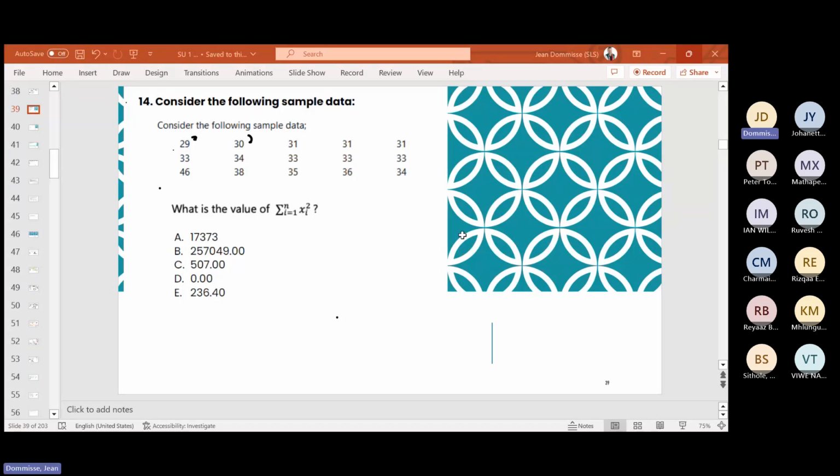I would rather put it into Excel. So what I'm now quickly typing is all of those numbers: 29, 50, 51, 51. There's 3 times 51, 53, 54, 53.